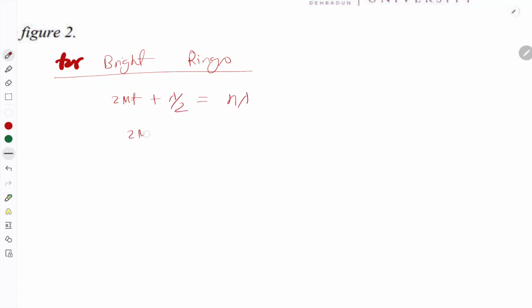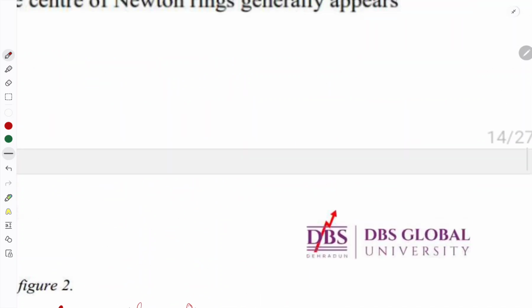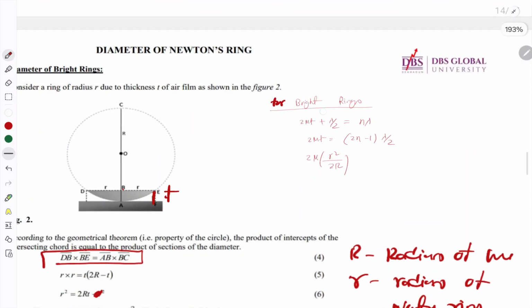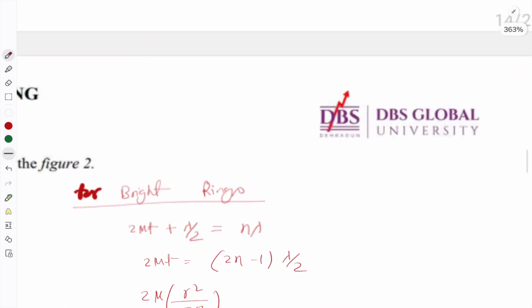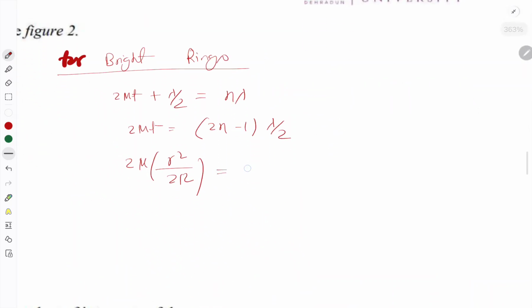So from here 2 mu t is equal to (2n minus 1) lambda by 2, and you can put the value of t. So 2 mu r square by 2R is equal to (2n minus 1) lambda by 2. Once we solve this, from here you can easily find out the radius.